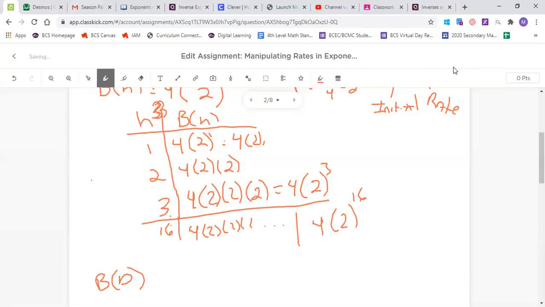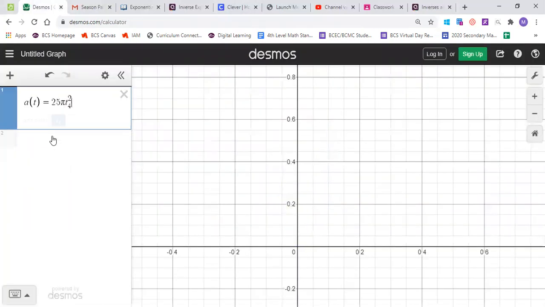If we go to Desmos and type in 4 times 2 to the 16th power, that number becomes really, really big. If I had to go to 24 hours, it becomes even larger. And if I went to 36 or 48 hours, these numbers become super big and really difficult to work with.